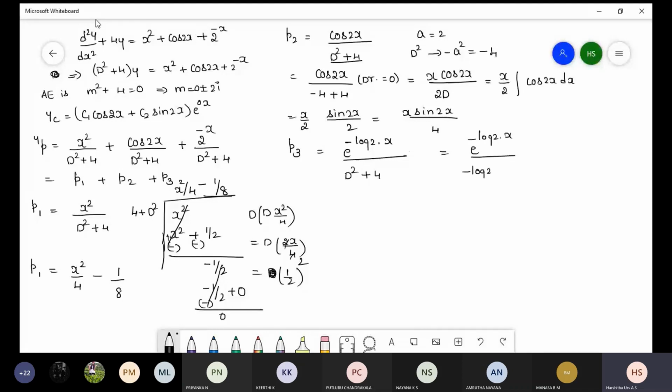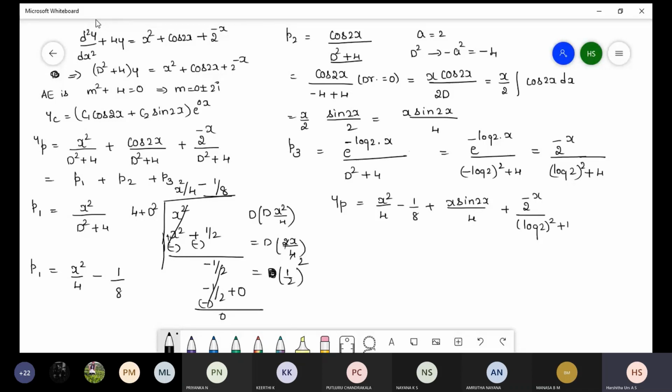So we get 2 power minus x divided by log 2 whole square plus 4. Now yp is equal to x square by 4 minus 1 by 8 plus x into sin 2x divided by 4 plus 2 power minus x divided by log 2 whole square plus 4.